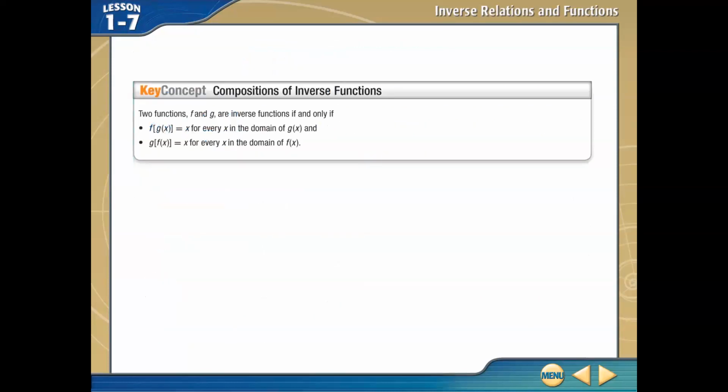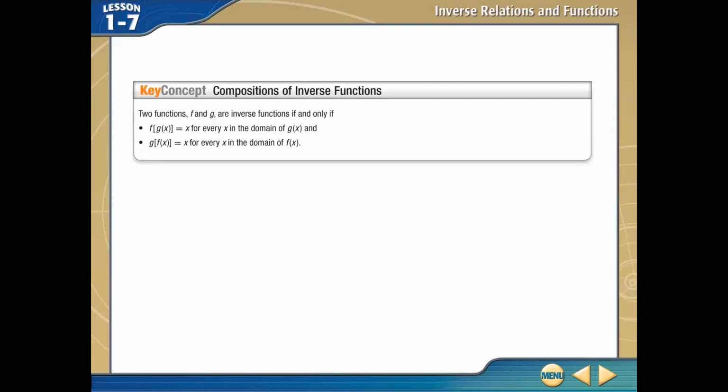Okay, compositions of inverse functions. This is kind of the last thing that you'll have to do. And more or less, compositions, exactly what we did last week. So if they are truly inverse functions, once you take the composition, it'll be equal to just a single x.